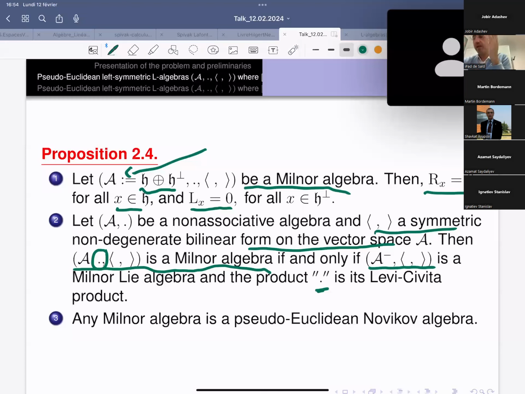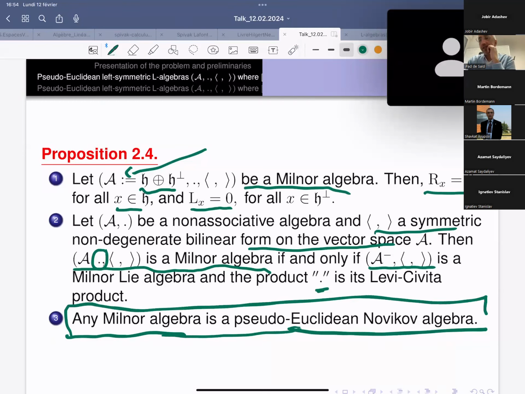It's equivalent. And any minor algebra, this one is very interesting, any minor algebra is a Novikov algebra.